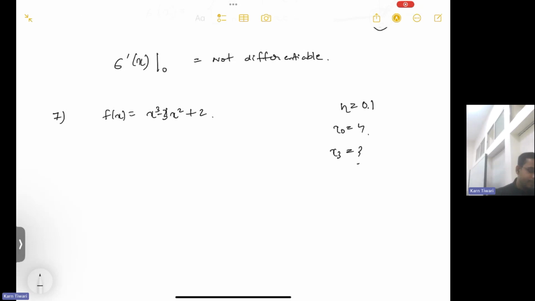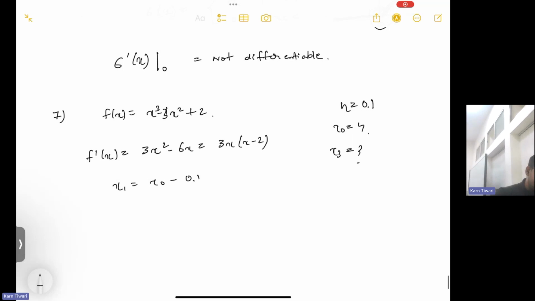Okay, so first of all, let's calculate f dash of x. That is 3x squared minus 6x. You can write it as 3x times x minus 2. The update formula is x1 is equal to x naught minus eta times f dash. Eta is equal to 0.1. Initial point is 4.